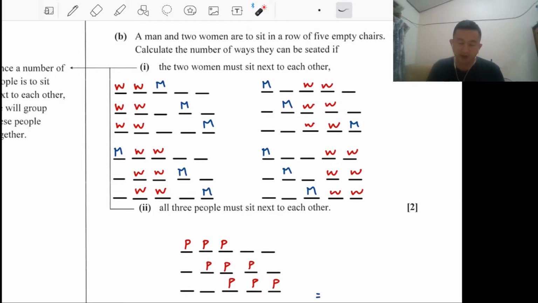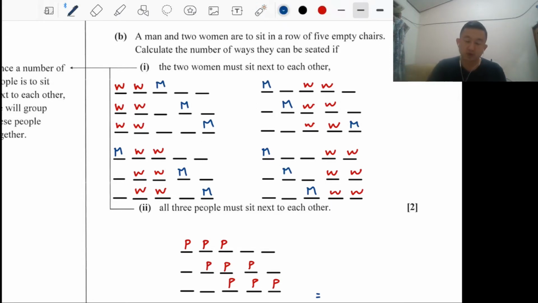The only one more thing is that it should not be just 12, but 24. You know why? Because these 2 women can swap places. For every 12 cases here, the 2 women can swap places. So there should be another 12 set, right?